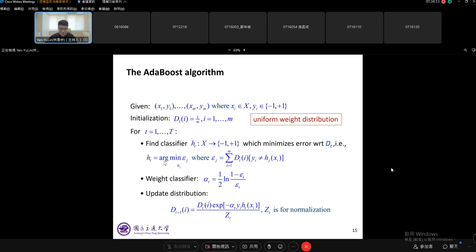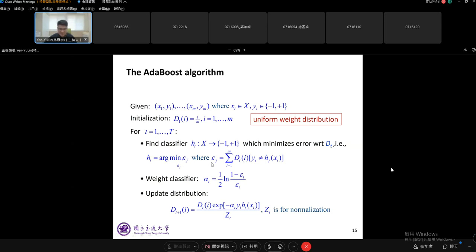This is the equation. This equation tells us how to choose the weak learner ht at this iteration. So let's look at this equation first. For ht, we use the argmin operator. So for every trained weak learner candidate hj, we want to find the weak learner candidate with the minimal weighted error epsilon j.